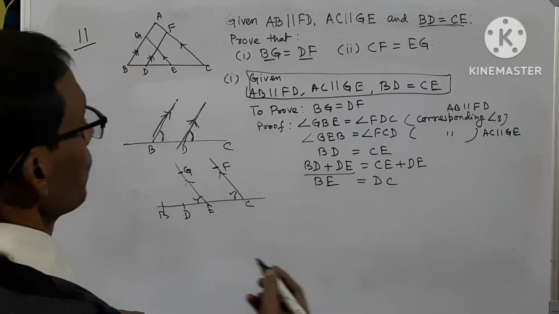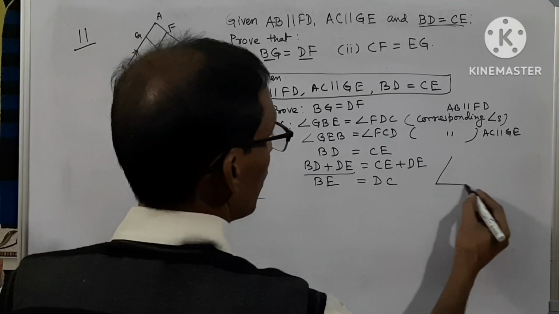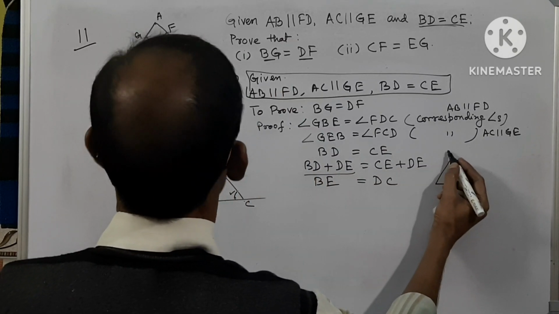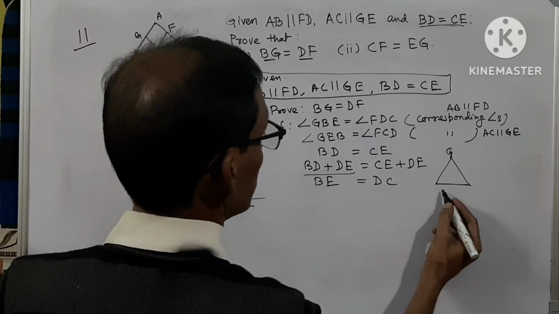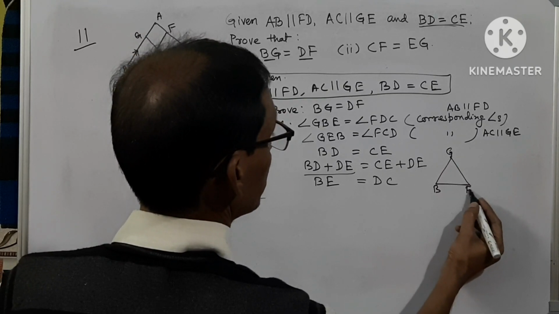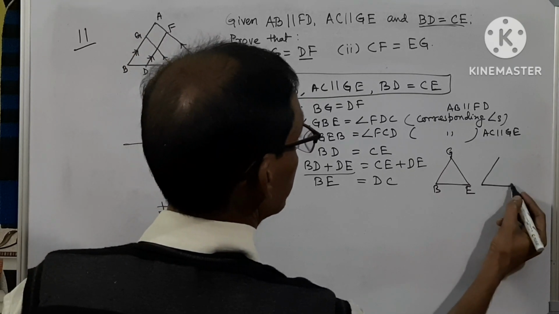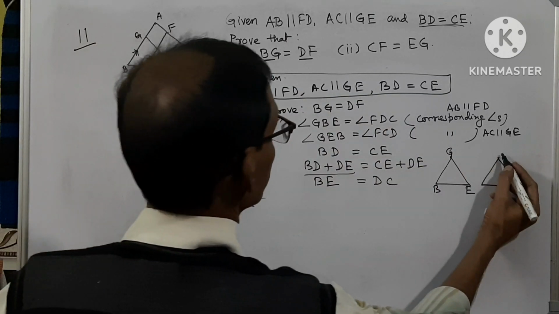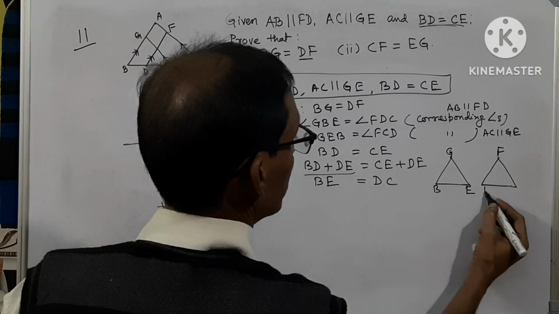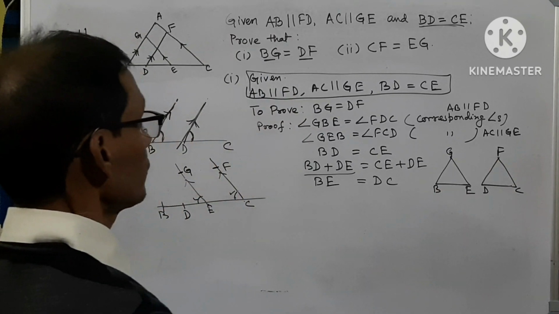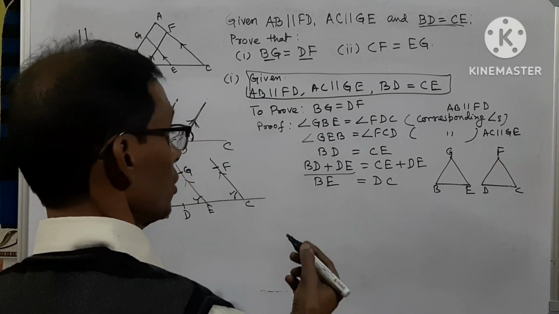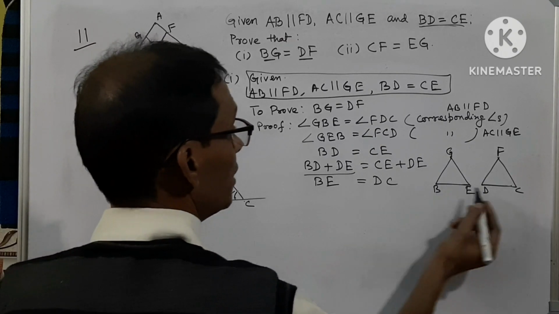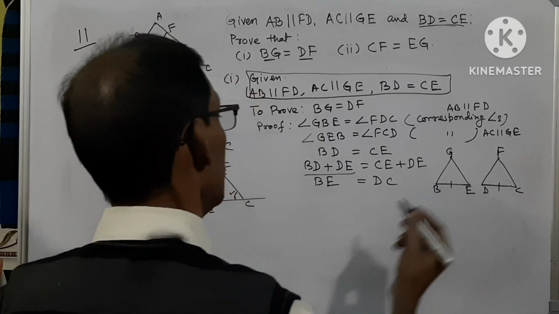Now let's draw the diagram of the two triangles. One is GBE, another triangle is FDC. We have to see the corresponding sides. BE and DC are equal.